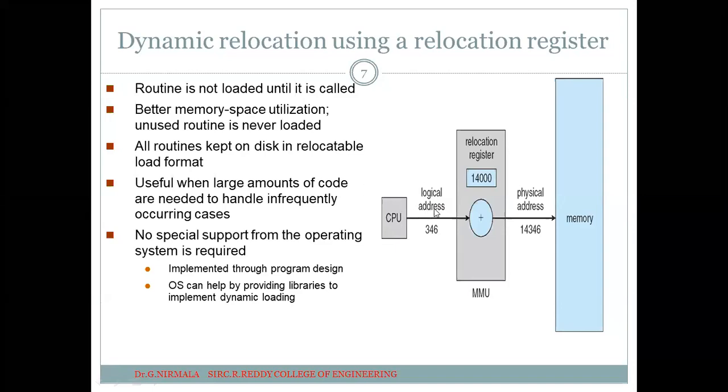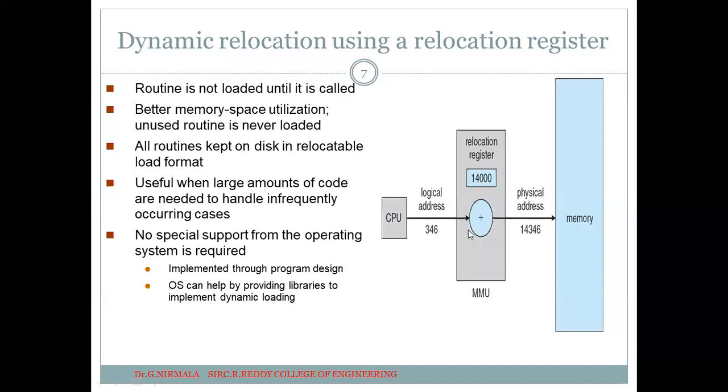Here the CPU generates the logical address, 346, which is stored in the logical register. These contents plus the relocation register 14,000, that is 14,000 plus 346, are added by the adder.